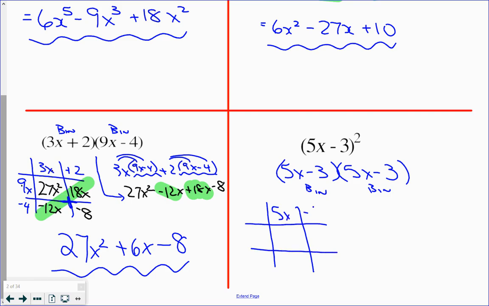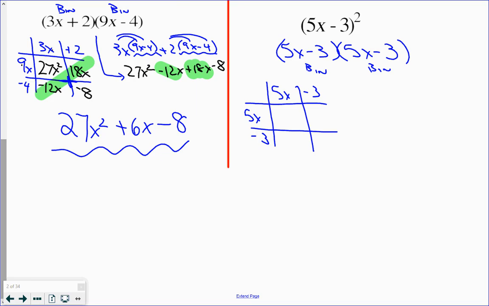So 5x minus 3, 5x minus 3. Okay. So 5 times 5, 5 times negative 3, 5 times negative 3, negative 3 times negative 3.